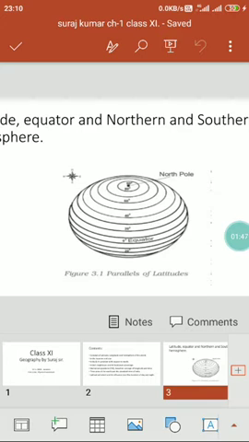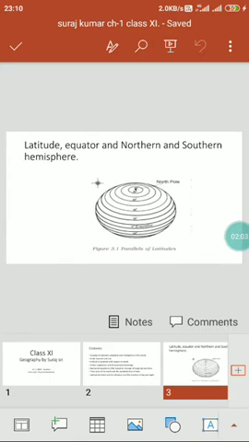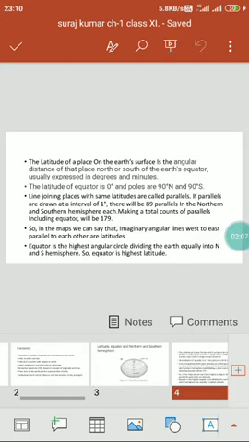At the center you can easily see 0 degree latitude is the equator, and towards the north of it is the northern hemisphere, and towards the south of it is the southern hemisphere. So this is all about latitude, the equator, and the northern and southern hemispheres.